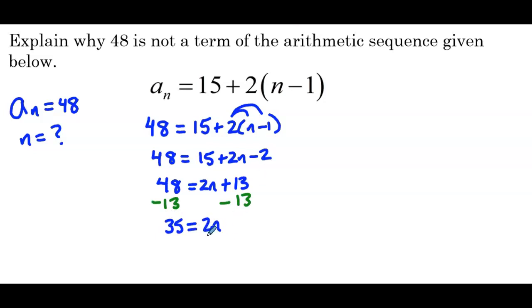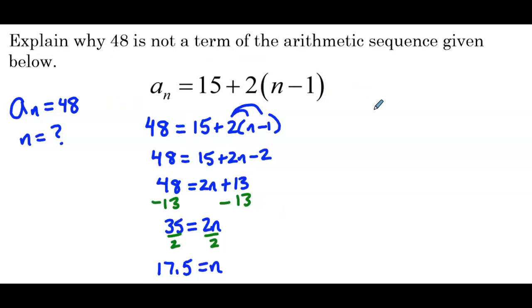And we can divide both sides by 2. And we would get 17.5. Kind of looks like an 11. Let's make that a better 17. 17.5 equals n, which is not a whole number. And that's what we're hoping for. So that means that 48 is not a term of the sequence.